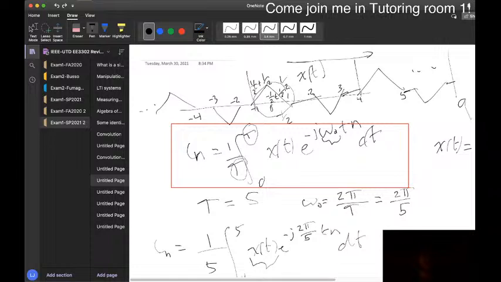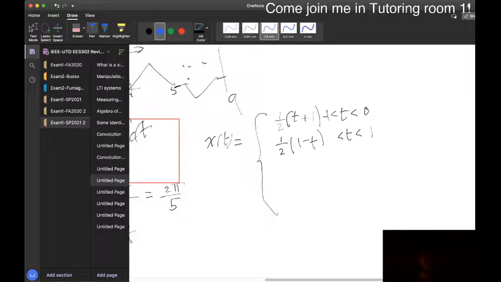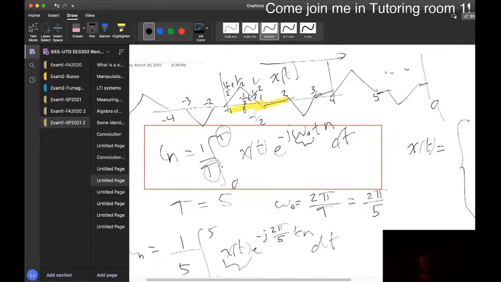Let me just highlight the ones that we've already taken care of. So highlight means it's done. Okay, great. And then we're going to take care of this region here now.